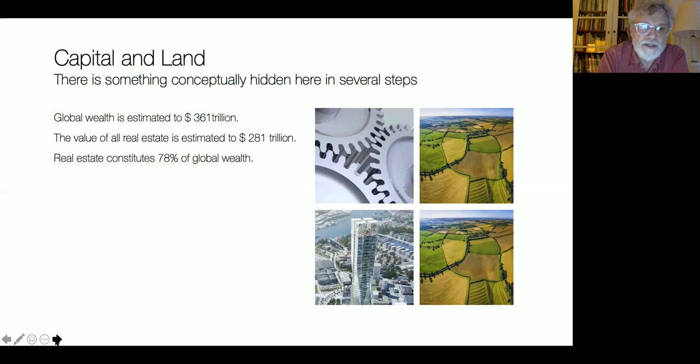This means that 78% of global wealth is constituted by real estate. And residential real estate is a very, very large portion here. So there are extraordinary values and numbers that we're talking about.